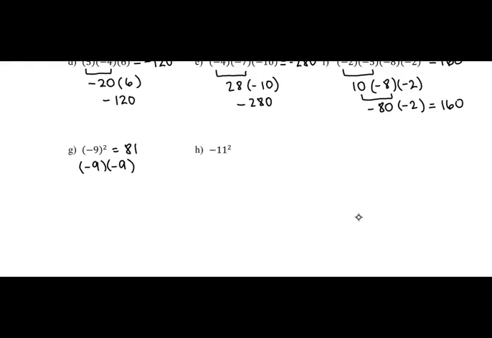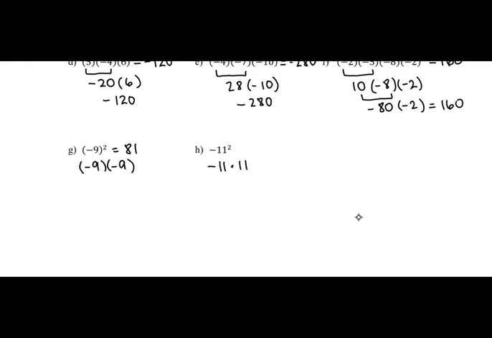In part H, you have negative and then 11 squared. So that means that you have negative 11 times 11. The difference between G and H is how you write the number. In part G, the negative was enclosed in the parentheses, so I was multiplying negative 9 times negative 9.